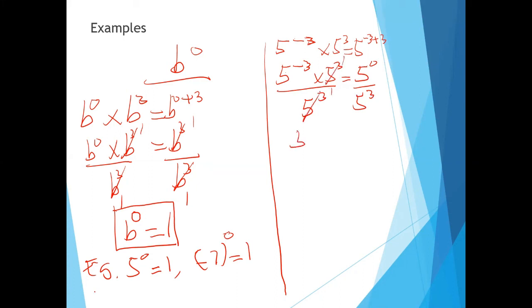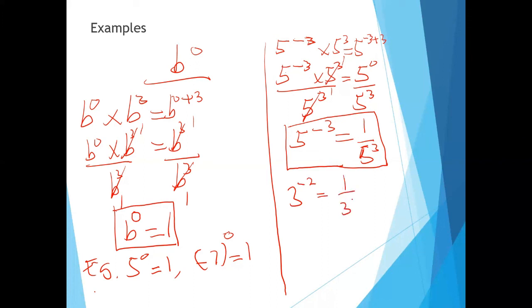And so we'll get 5 raised to the power minus 3, giving us 1 over 5 raised to the power positive 3. So it means that anytime we get 5 raised to the power negative 3, the answer will be 1 over 5 raised to the power 3. The sign here changes. And so we can say that 3 raised to the power minus 2 will give us 1 over 3 raised to the power 2, and so on.